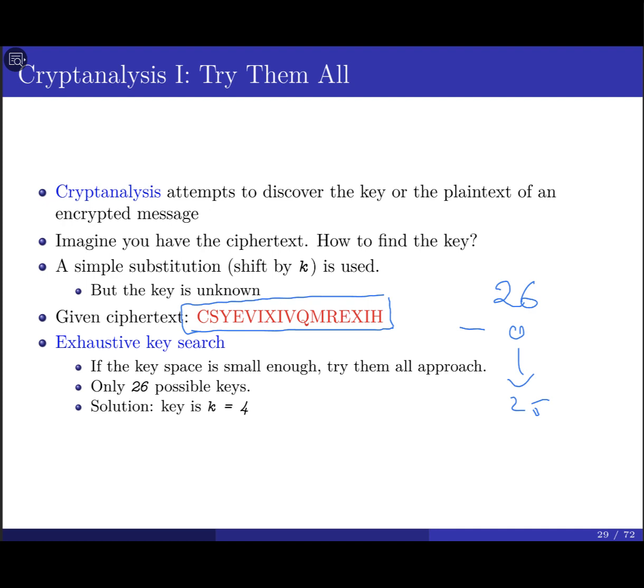We can eliminate 0, shift by nothing. This means C is going to be C, S is going to be S, and it does not make sense. It's not a valid phrase or statement in the English language. Okay, so that means eliminate the first one. So you have 25 possible keys.